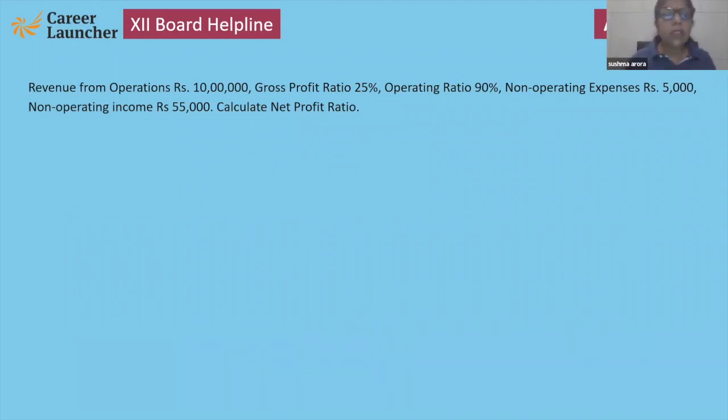Note down the question and try to do it. Net profit ratio. See, in this question, operating ratio is given, gross profit ratio is given, non-operating expenses given, non-operating income given. What will be the net profit? What do you think? What should be the net profit?